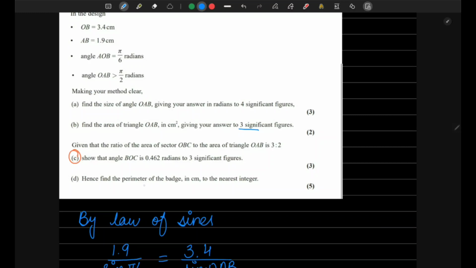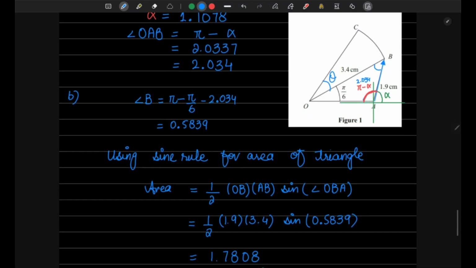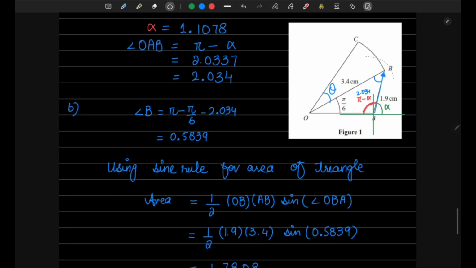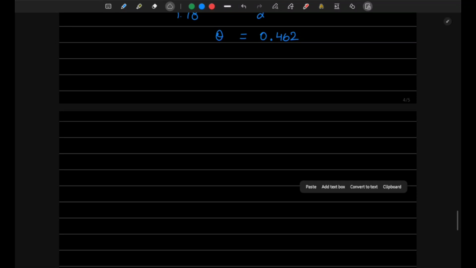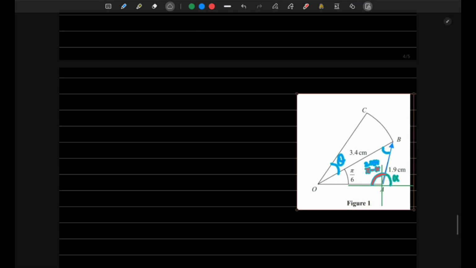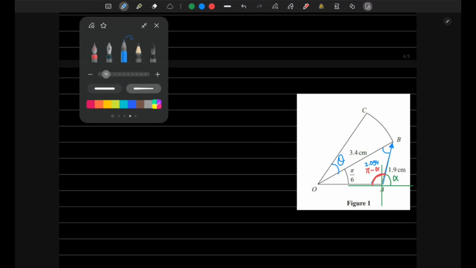Now hence find the perimeter of the badge in centimeters to the nearest integer. We need to find the perimeter. If I show more precisely, how could we have our perimeter, the outer boundary is the arc length.